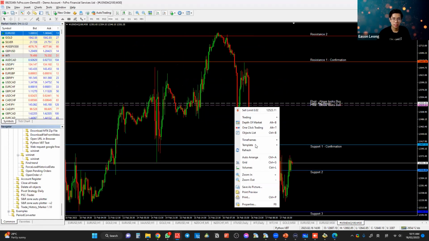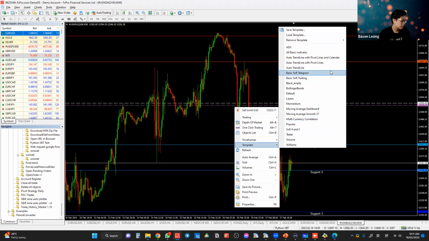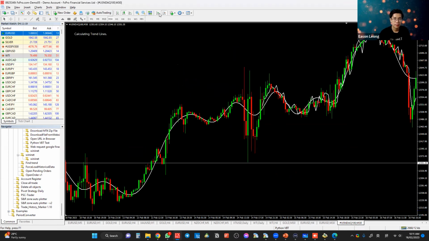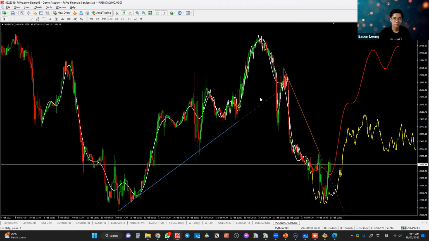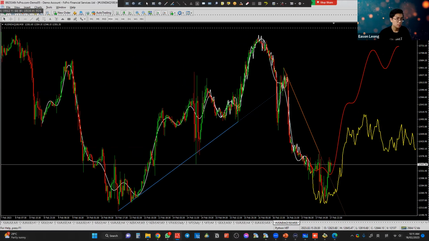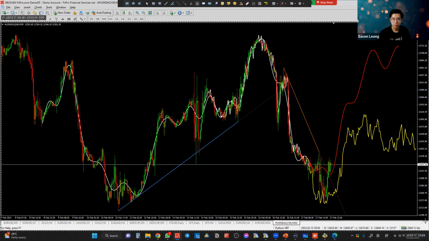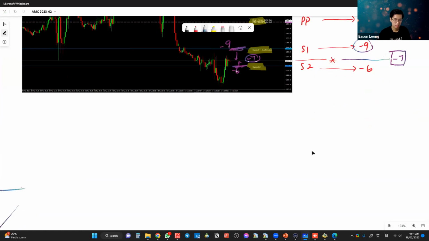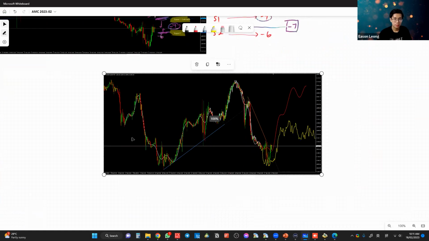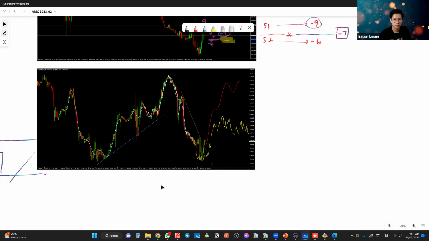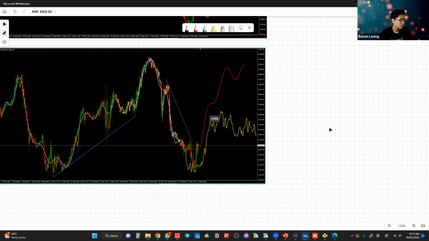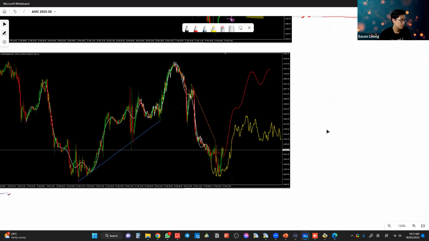Next thing, right click, templates, basic SNR trading. Okay, basic SNR trading. Take a screenshot. This time, we base on the... RSI is usually above 60 when it's uptrend.